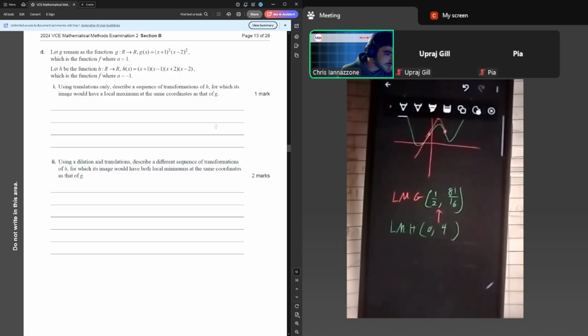Next up, using a dilation and translations, describe a different sequence which would get the local minimums to be the same coordinates as that of G. Okay.